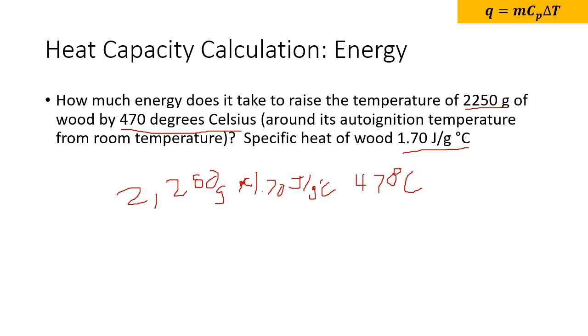All right, so anyway, if we plug all these suckers in and we chug through, we get 1.8 times 10 to the 6th joules, which is actually a respectable amount of energy, isn't it? Okay, so we were able to solve for energy, or Q, or heat.